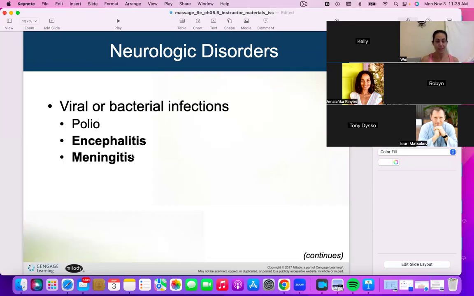The symptoms again are severe headache, stiff neck, high fever, so it's like your fever times 100. And often delirium, some convulsions, and in severe cases it can put somebody into a coma. For treatment, they usually give antibiotics, something that's effective to kill the virus or bacteria, but everything has to take its course, okay?